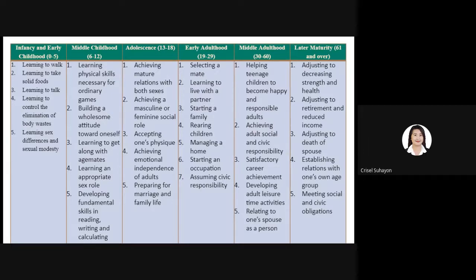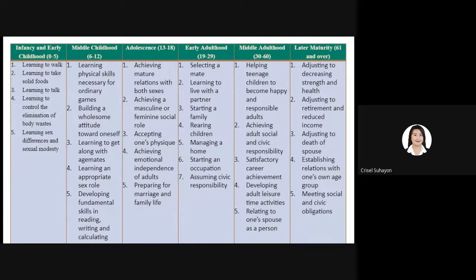And then developing adult leisure time activities relating to one's spouse as a person and accepting the psychological changes of middle age. So 30 to 50 years old, middle age, is what they call the midlife crisis. Around 30, maybe 40 years old. The life expectancy is probably 75 years old or 80 years old.